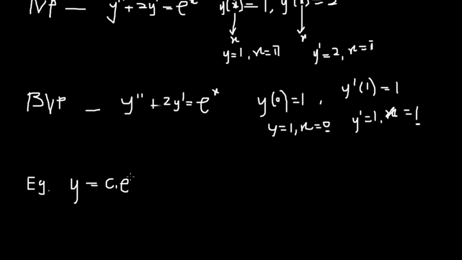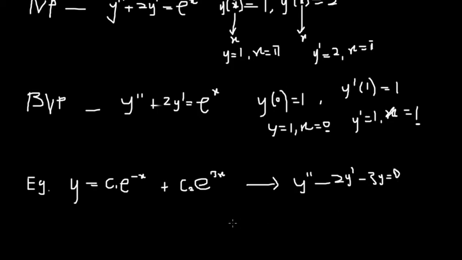So you have this, plus c2 e exponent 3x. This is a general solution of a differential equation of this form: y prime prime minus 2y prime minus 3y is equal to 0.